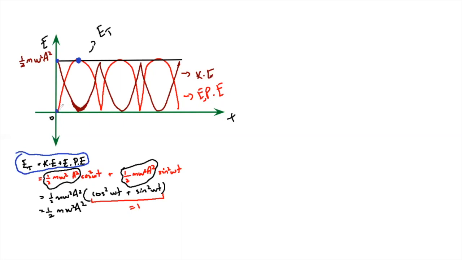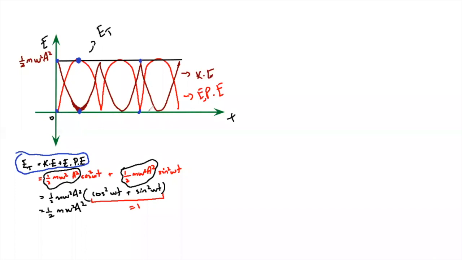So elastic potential energy is 0 and KE is maximum. But when you come to this point, you're going to notice that kinetic energy becomes 0 and elastic potential energy goes up again. Let's choose a random point. At this point, EPE is 0, kinetic energy is max.